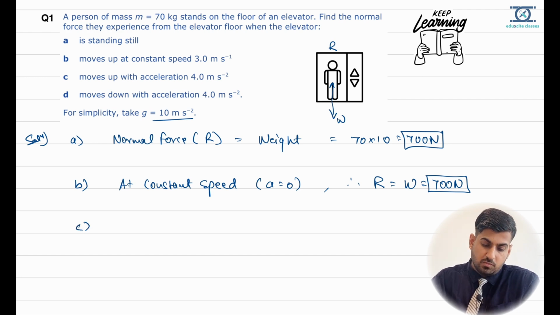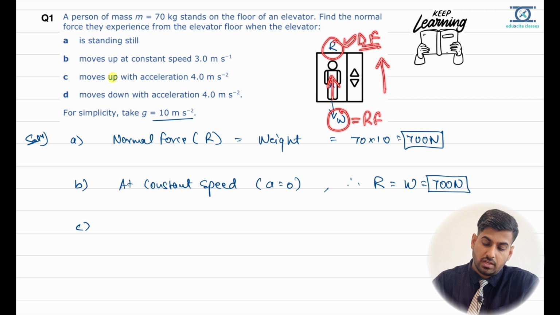Now C: it is moving up, this is very important, moving up with an acceleration of 4 meters per second squared. If the object is moving up, the force acting in the upward direction is my normal reaction force, so this will be my driving force, as I mentioned in the introductory part of the video. The weight will be my resistive force, because the object is moving up and the weight is acting in the downward direction.